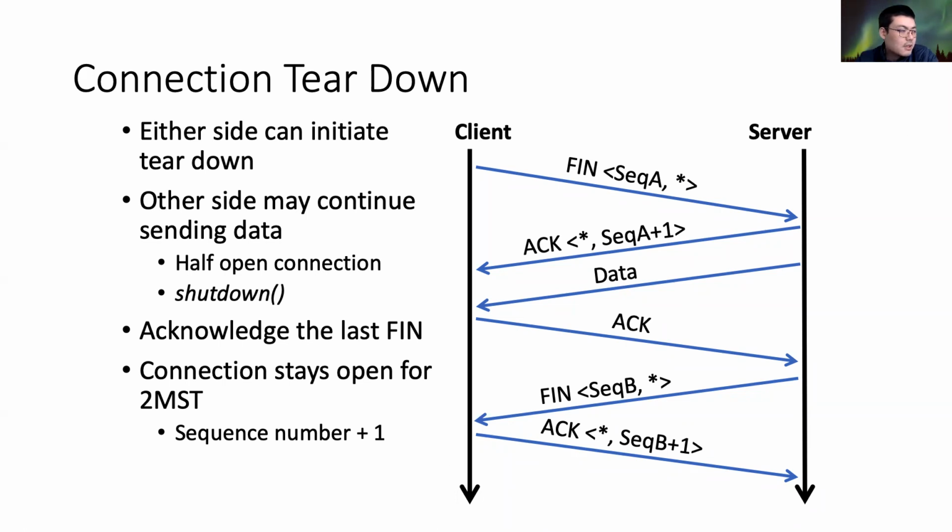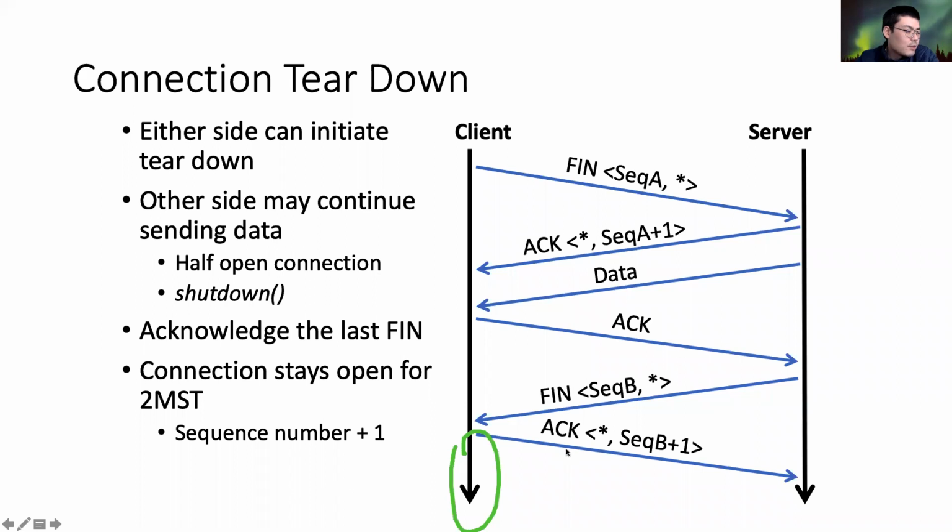So usually 30 seconds, sometimes 1 minute or 2 minutes. After that, you are pretty sure that any retransmission and congestion should be resolved, and then you can tear it down. Sometimes the connection is still there for 30 seconds.